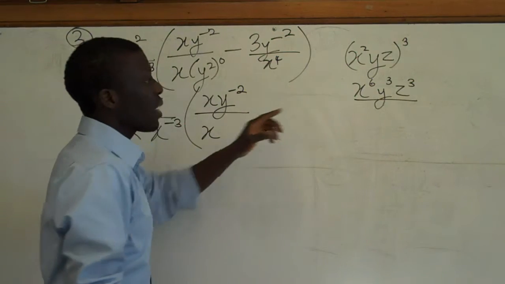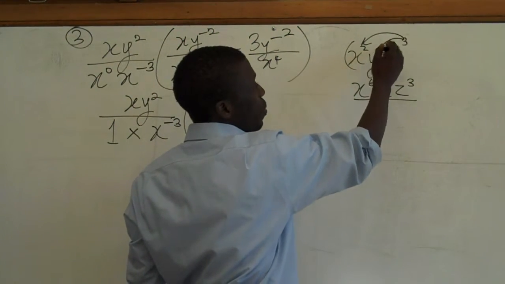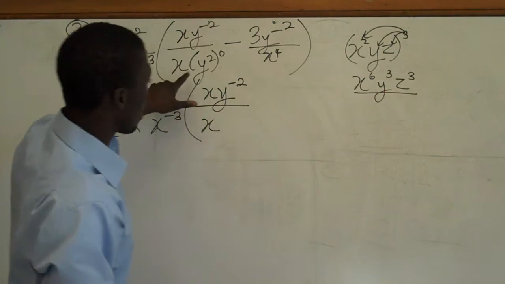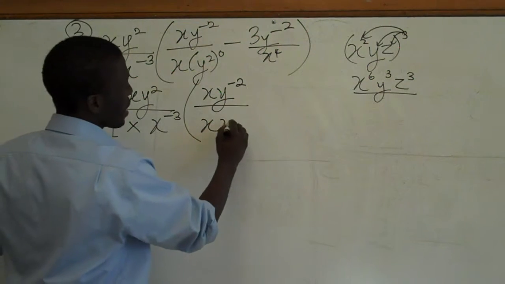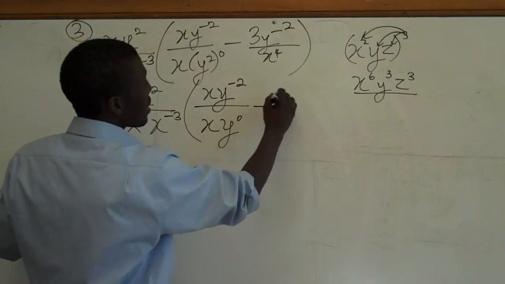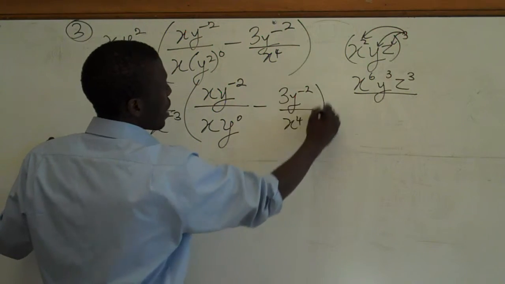That's one of the laws. It allows us to essentially put this 3 in and multiply it by all the exponents of the things inside. And that's the same principle we're going to follow here. This becomes x, y to 0, because 2 times 0 is 0. And then minus 3y to the negative 2 divided by x to the 4th.